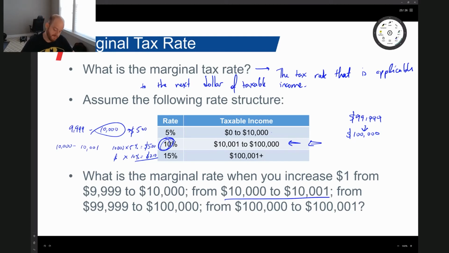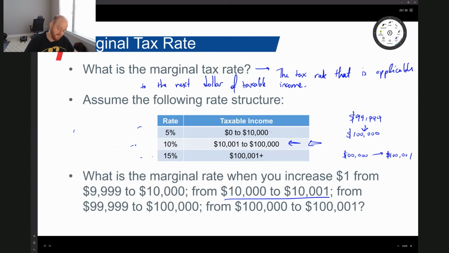But if you go from $100,000 to $101,000, then your marginal tax rate is going to be 15%, right? So your marginal tax rate is dependent on how much your additional dollar is going to be taxed at: a $1 increase in your income and the tax rate that is going to be associated with that dollar increase.